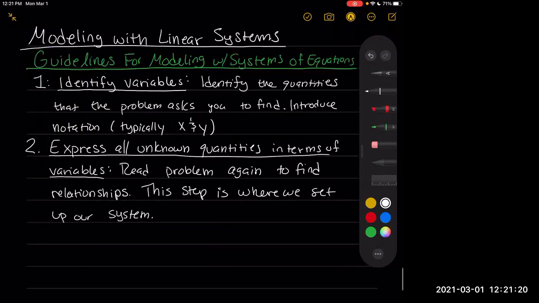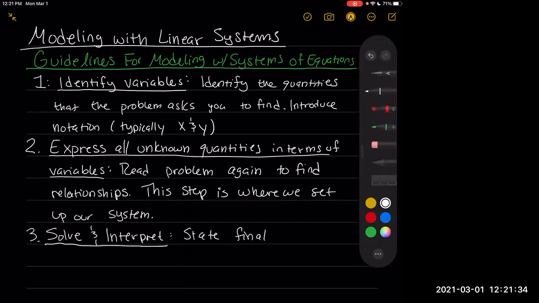And then our third step, we're going to solve and interpret. So we need to state our final answer as a sentence that answers the posed question.